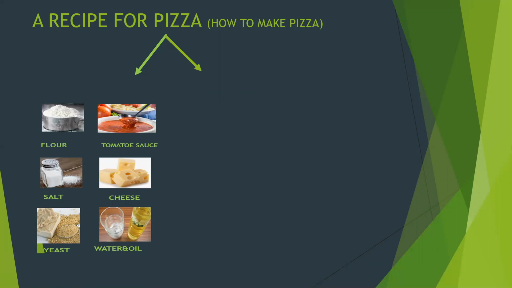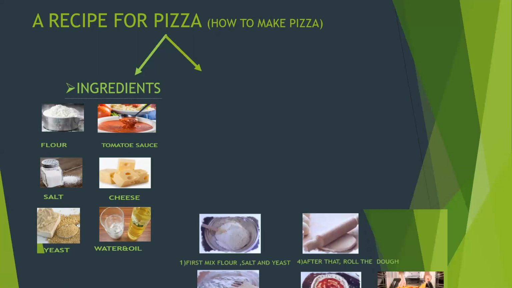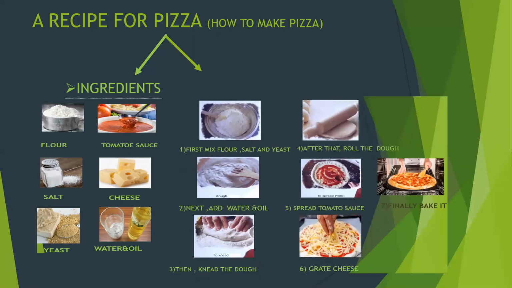Do you remember the name of it? How can we call this list? Here comes the answer. Yes, ingredients. What is it? Foods used together to make a specific dish. Now, let's look at our second part. What is it about? Is it about instructions? Is it about steps?